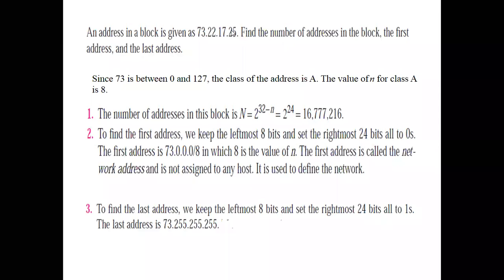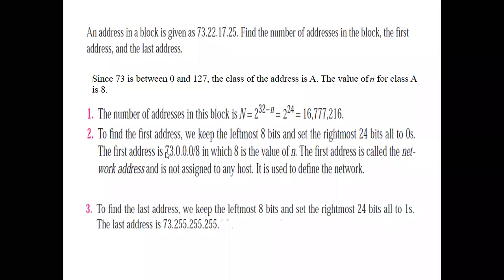So look at the IP address 73.22.17.25. In this IP address, keep the first 8 bits as it is, and the remaining 1, 2, 3, 24 bits, convert to 0.